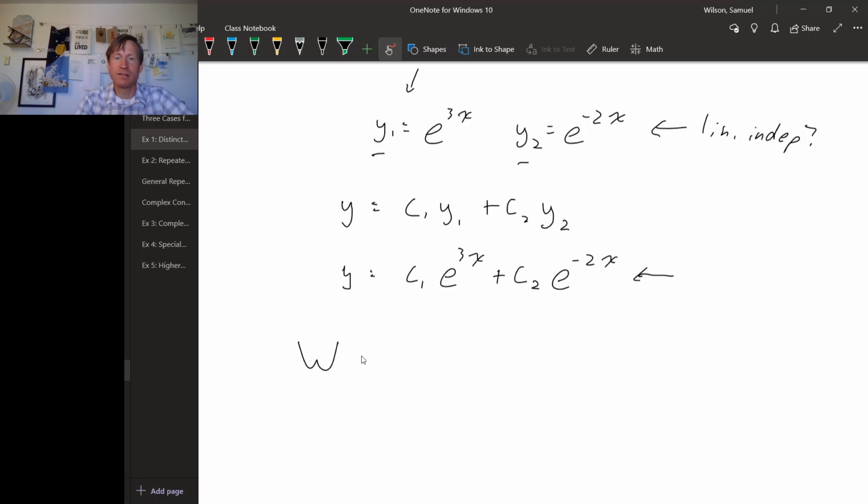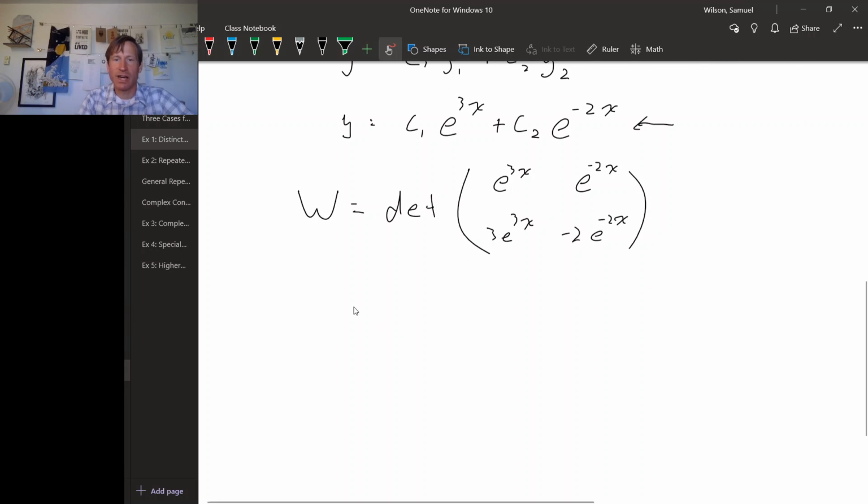So remember, the Wronskian is the determinant of the little matrix we make: y1, which is e to the 3x, y2, which is e to the minus 2x, and then their derivatives go in the second row, so 3e to the 3x and minus 2e to the minus 2x. So now calculate this determinant.